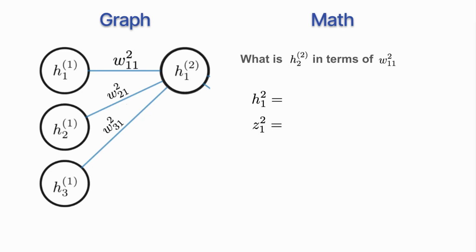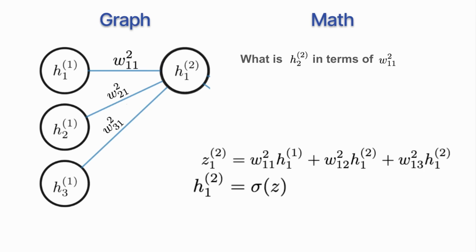W11 times H1, W21 times H2, plus W31 times H3 plus some bias. Okay. Again, some slight notational error.